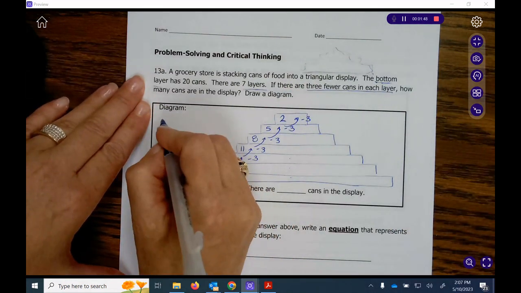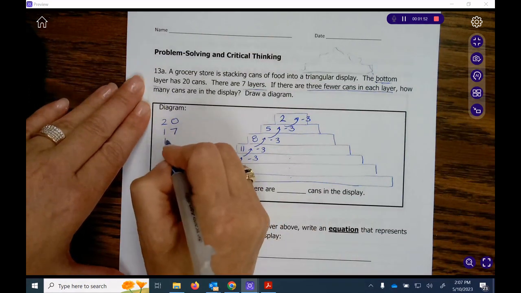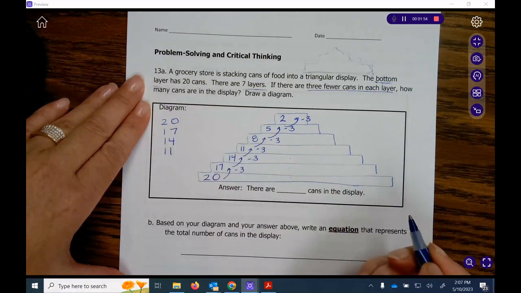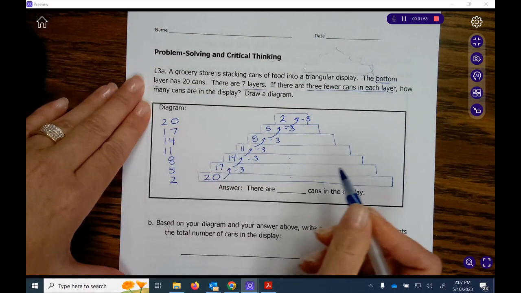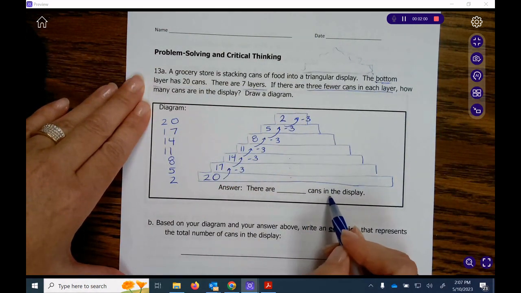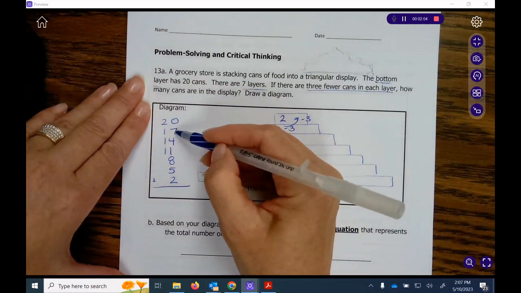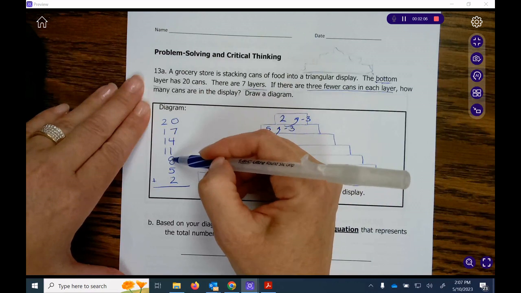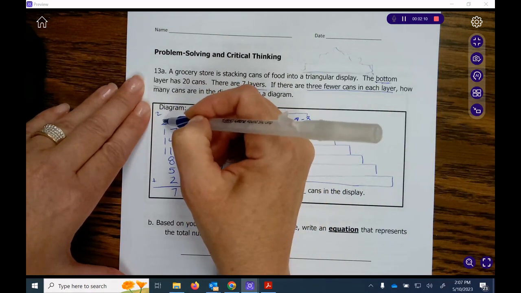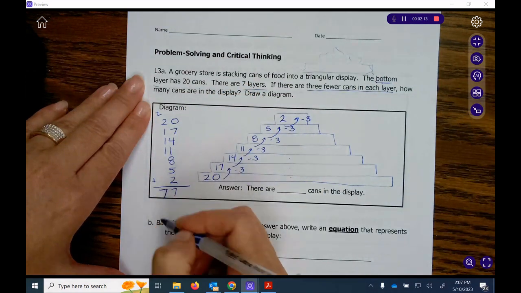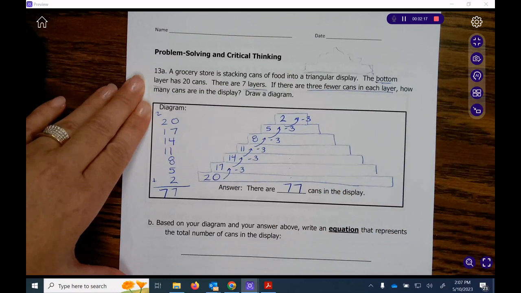So we have 20 cans, 17, 14, 11, 8, 5, and 2, because it says how many cans are in the display in all. So we're going to have to add these up. And we have 77 cans in the display in all.